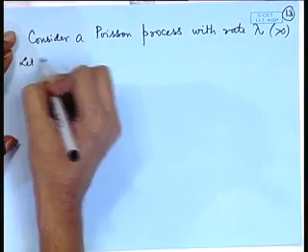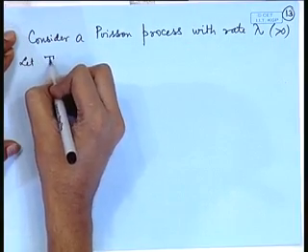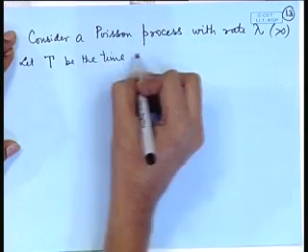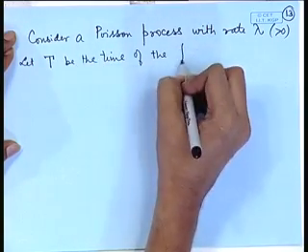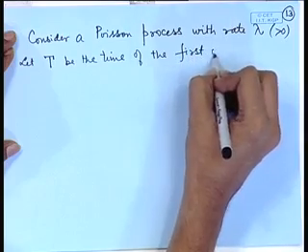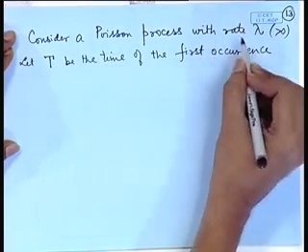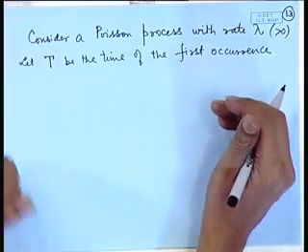Let us denote by, say, T the time of the first occurrence. So, we know that it is a Poisson process, the number of occurrences will follow a Poisson distribution. So, at some point of time we start observing the process.